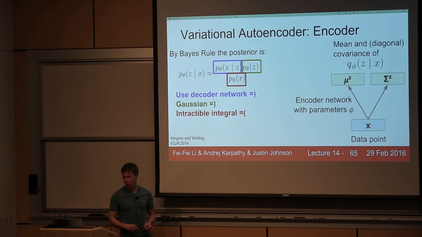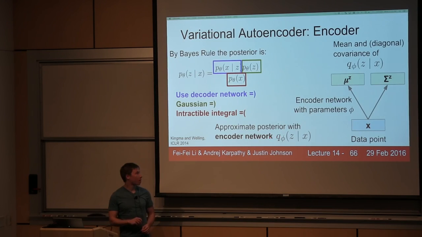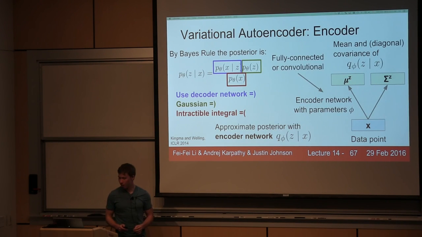And again, this encoder network might be some fully convolutional network, or it might be some deep convolutional network. The intuition is that this encoder network will be this separate, totally different disjoint function, but we're going to try to train it in a way so that it approximates this posterior distribution that we don't actually have access to.